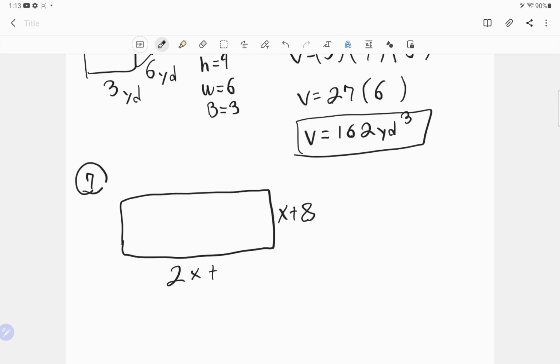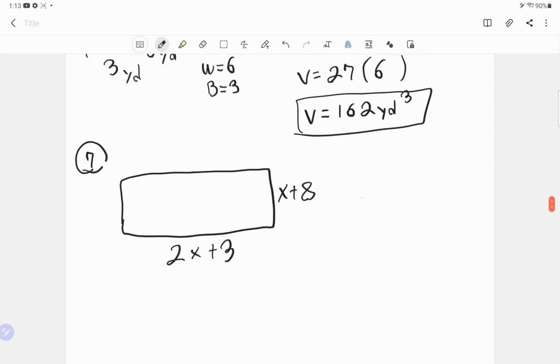Main thing that you need to understand, you don't have to write units on this one just because I'm not going to ask you to do it. Because technically you could write units squared at the end, or units cubed, right? Not going to ask you guys to do that in this one. Just write the expressions and that's all you got to do.